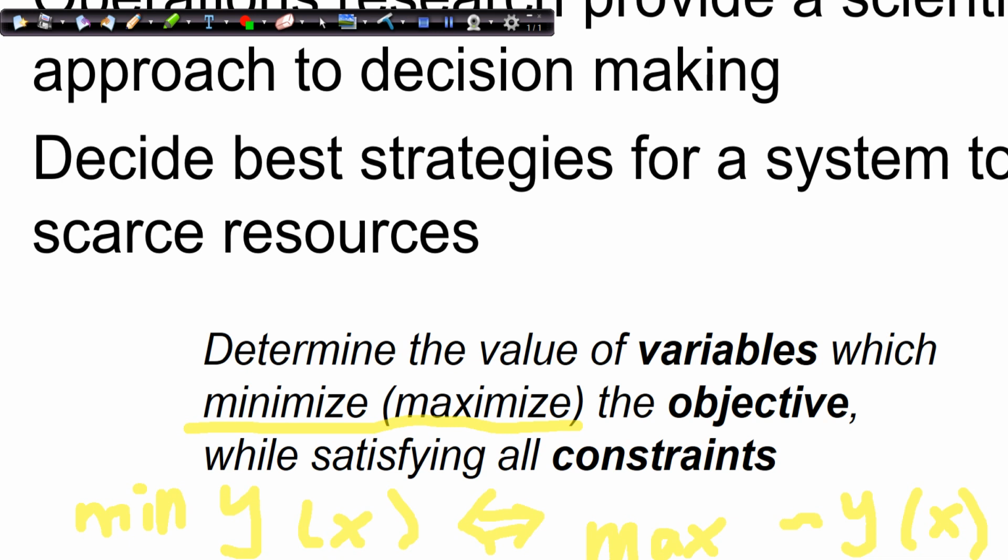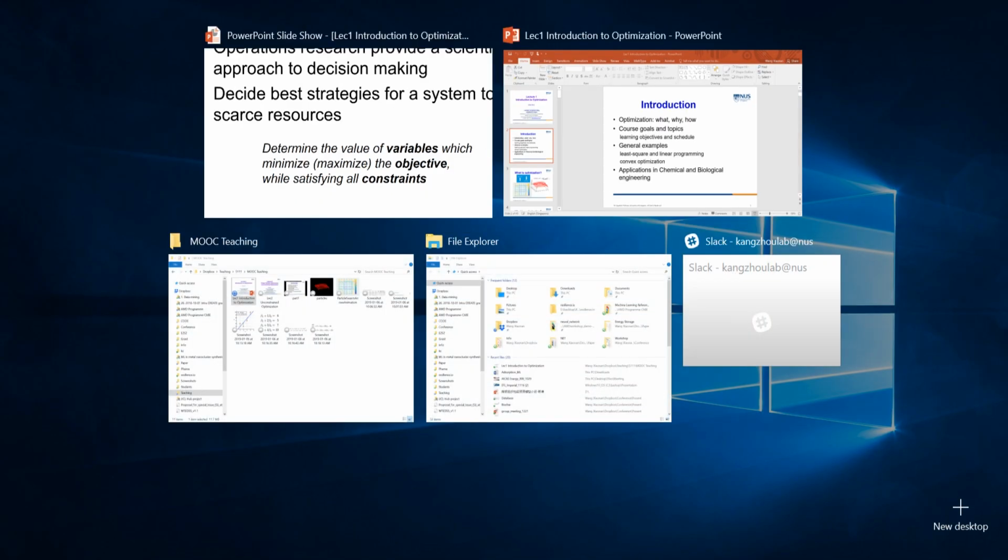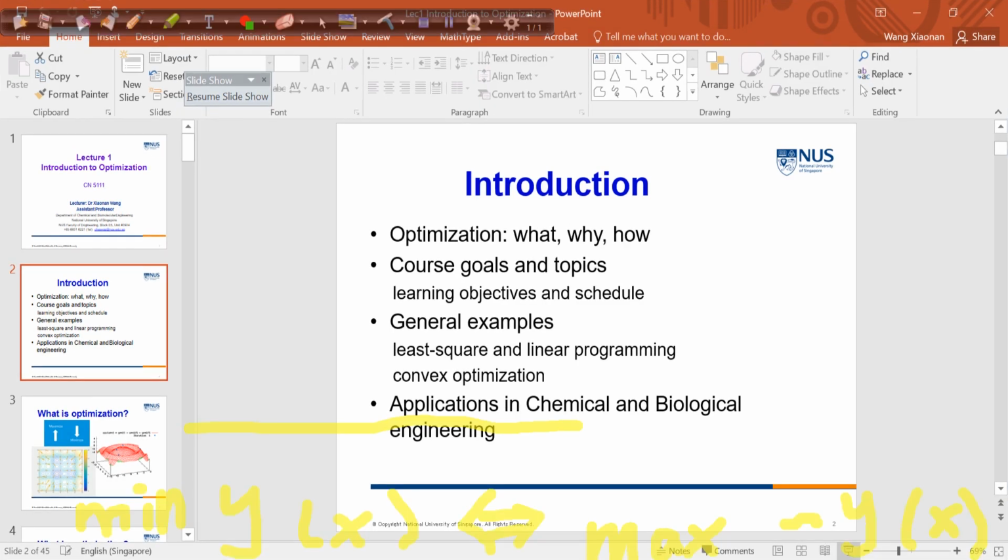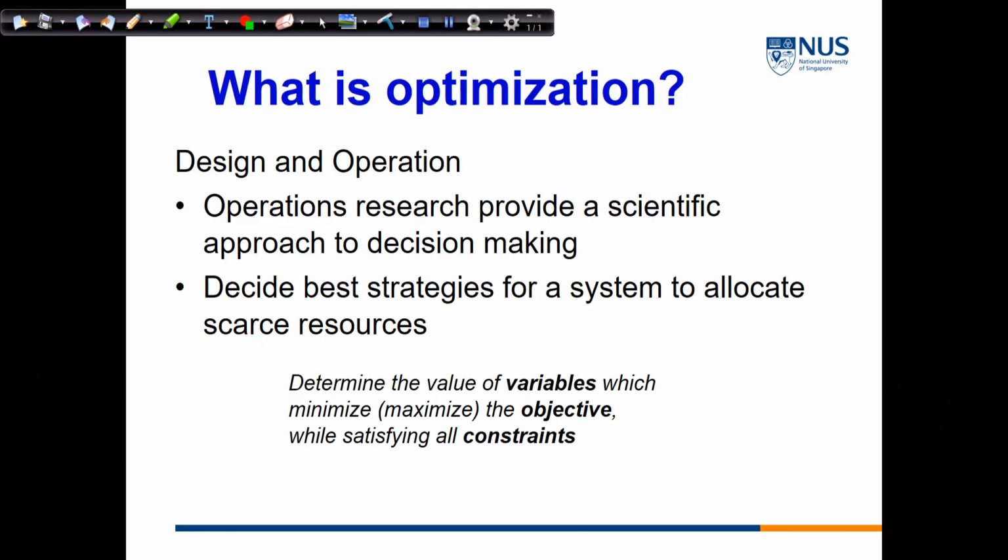Okay, so that's the objective. But in the meanwhile, we need to satisfy all the constraints, if there are any. That makes a constrained optimization.